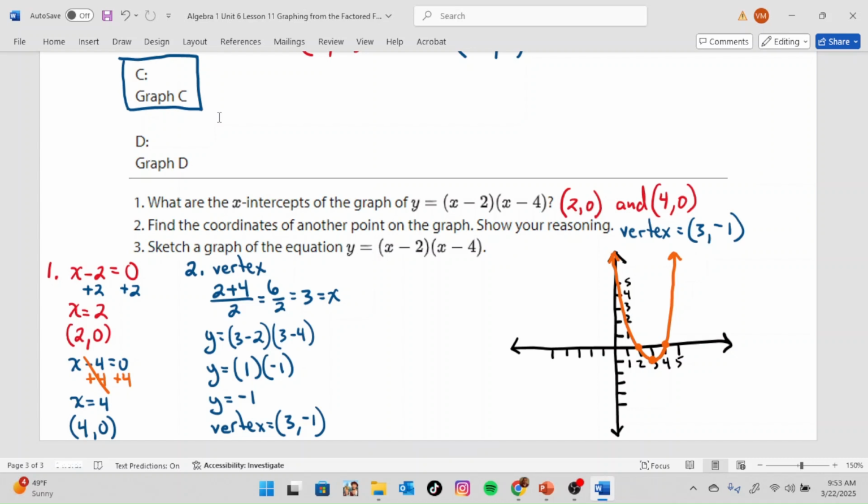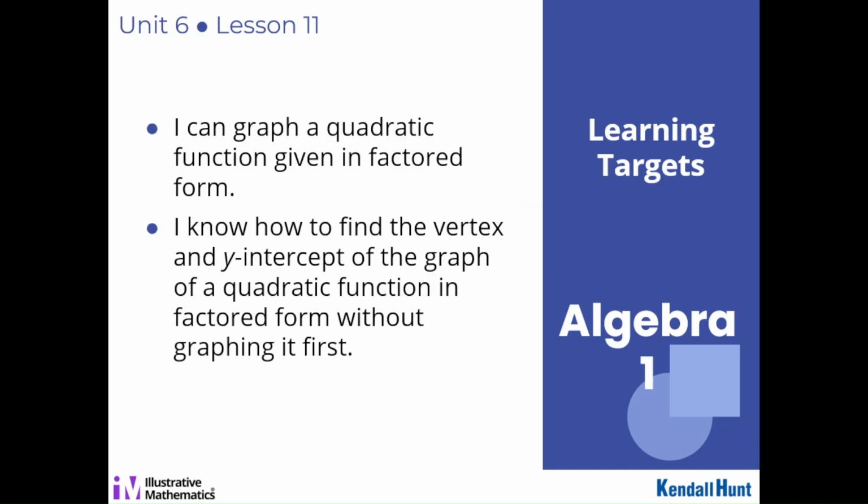Now, before we end the lesson, let's go back and review the learning targets and make sure you understand everything you need to as we move forward into the next lesson. Learning target number 1 says that you can graph a quadratic function given in factored form.